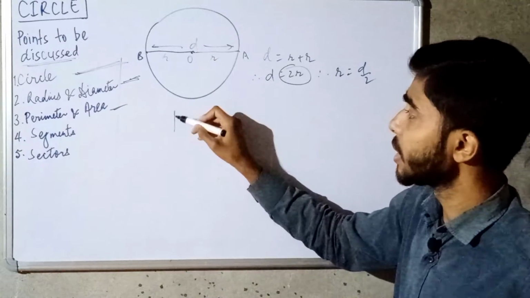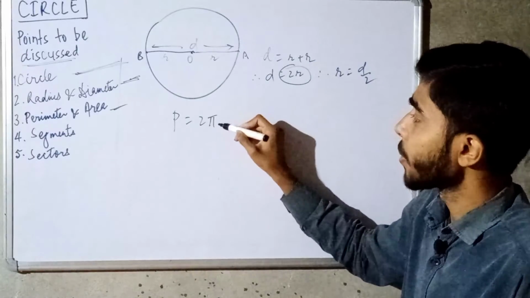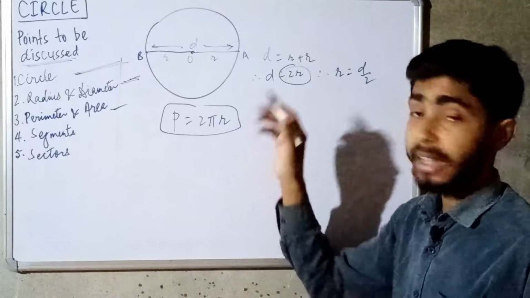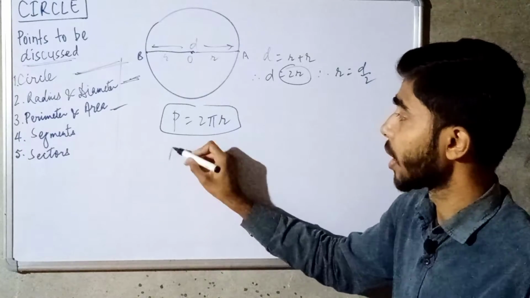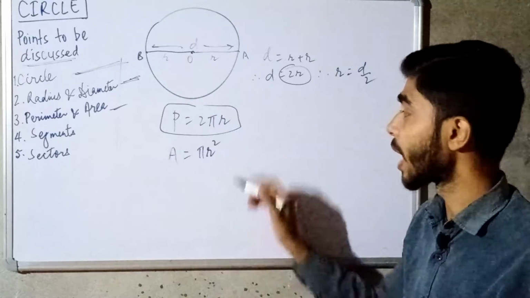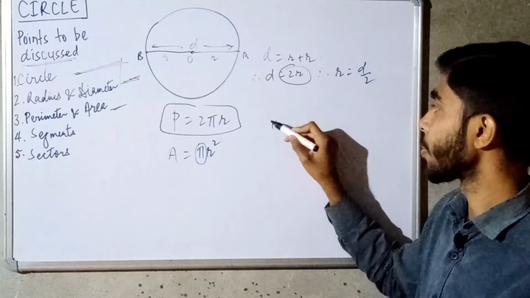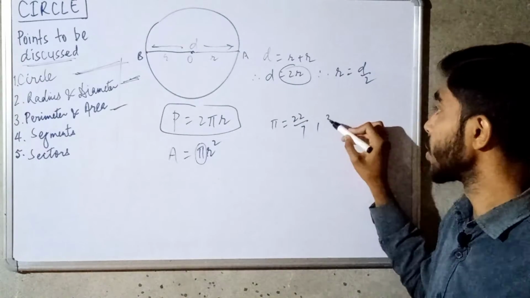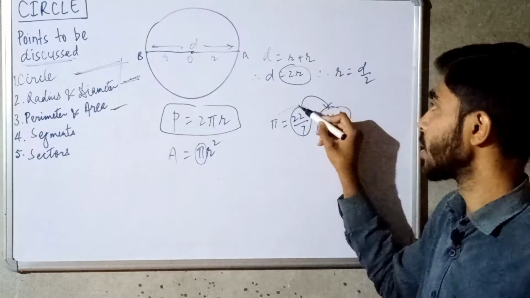P is calculated by 2 pi r. 2 pi r is the formula to get the perimeter of the circle, and the area covered by the circle is calculated by pi r square, where r is the radius and pi stands for 22 by 7, or in some cases 3.14 is taken. Both values of pi are used in math.